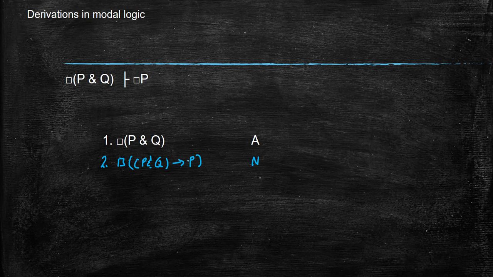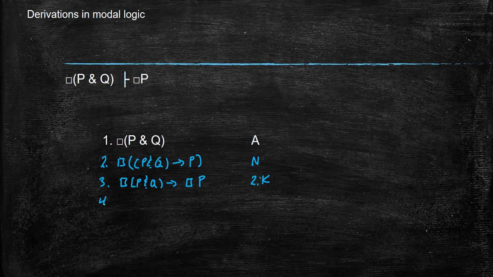Now, what do you think is going to get us somewhere here? Well, it's the other rule that we haven't used yet, the K rule, which allows us to distribute this box to the antecedent and the consequent. So this is how this works. Necessarily P and Q, then necessarily P by 2 and the K rule.